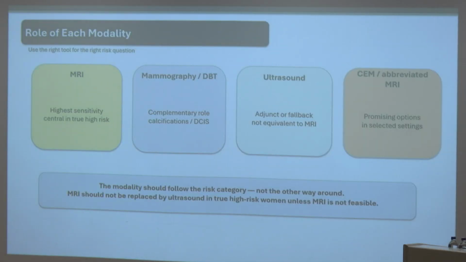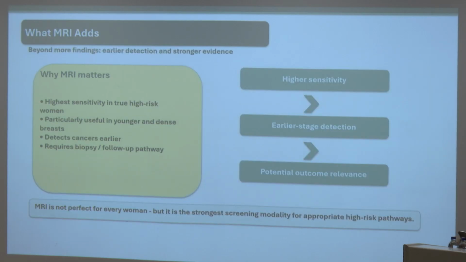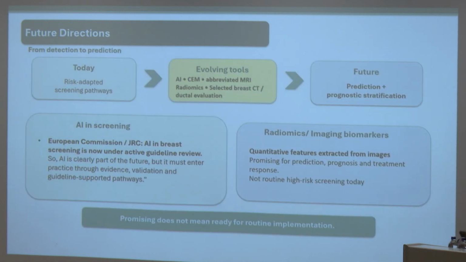There are many researchers interested in replacing the standard MRI. It's a promising option in select settings, and the modality must follow all the guidelines. Why MRI matters? We have the higher sensitivity, particularly useful in younger women, detects cancer earlier, and all the others we have already said.